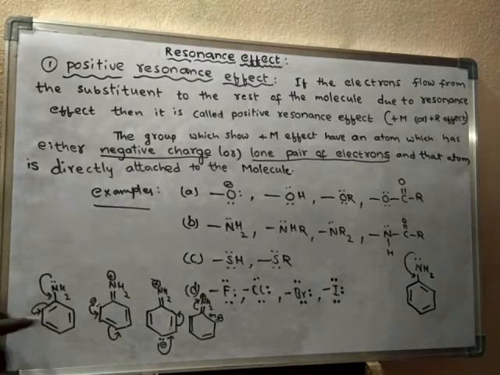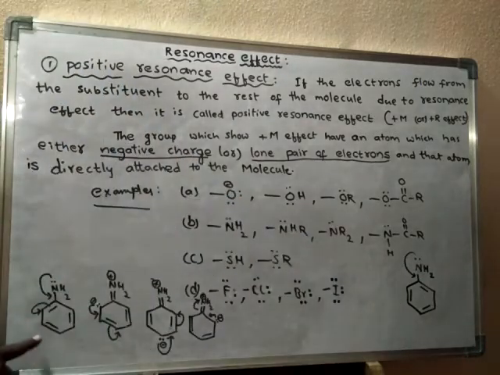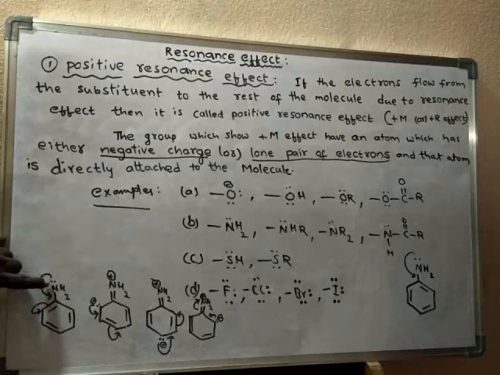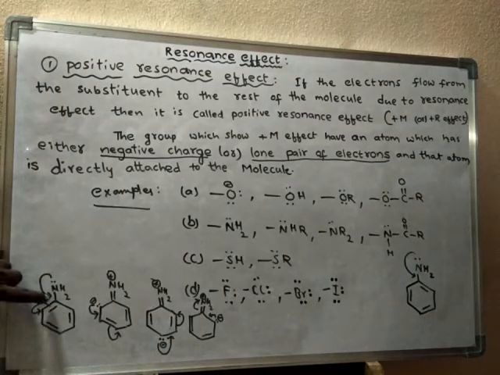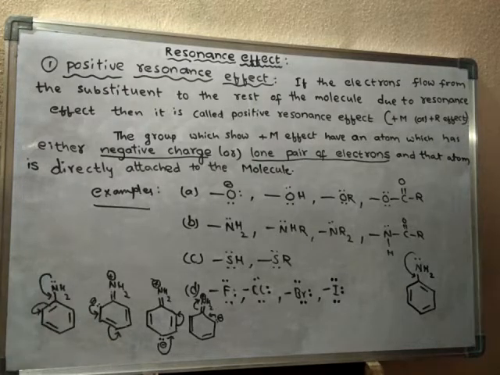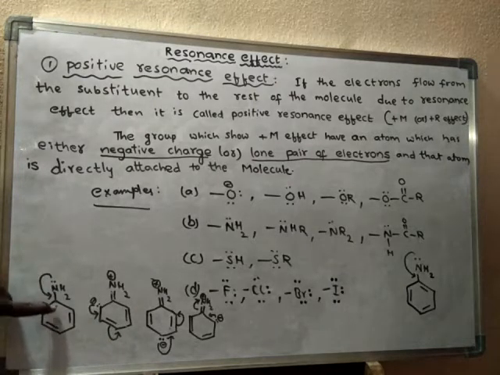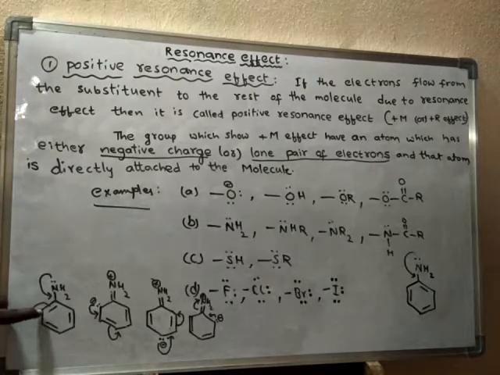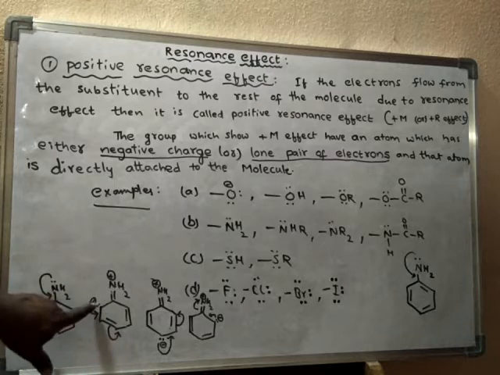For example, the same thing, aniline. Here the lone pair of electrons will flow to the molecule. As a result, the single bond will become a double bond, and the pi bond electrons will move to this carbon.